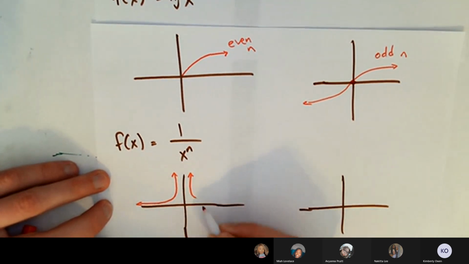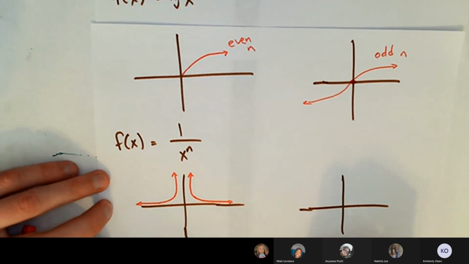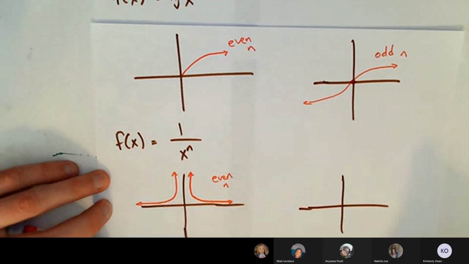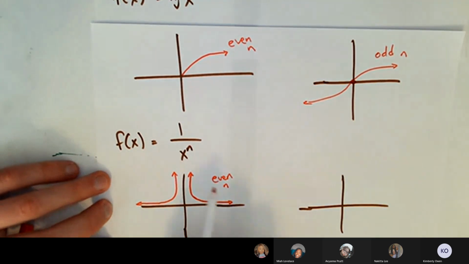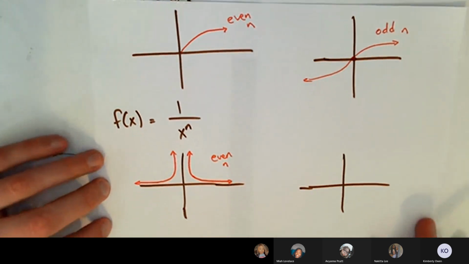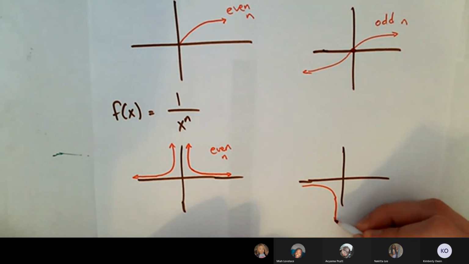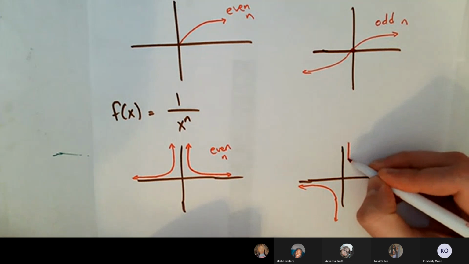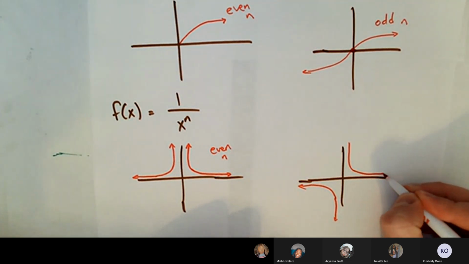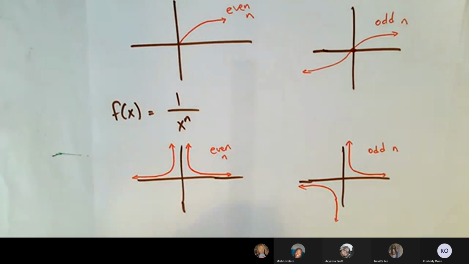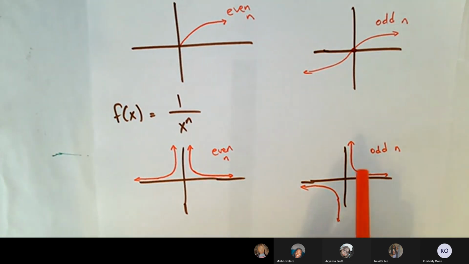This is like, for example, 1 over x squared or 1 over x to the fourth, where n is even. There's a lot to say about these because of that asymptote behavior, but I'll point that out more as we start scooting these functions around. And then here's a picture of what they look like for an odd exponent n. So this might be 1 over x or 1 over x cubed, where n is odd.